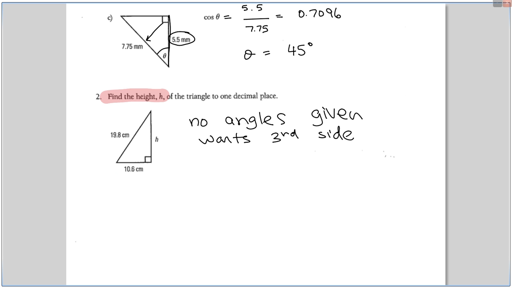Is this a long side or a short side? H is short or long side? Guys, yell it out. Short. Good. Abdi Karim got it. Short. How do I know it's the short one? Because it's not the hypotenuse.